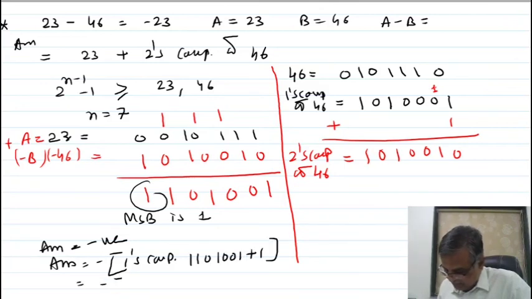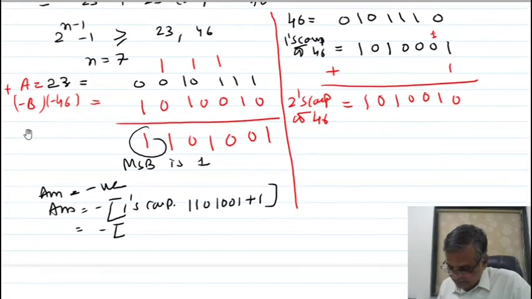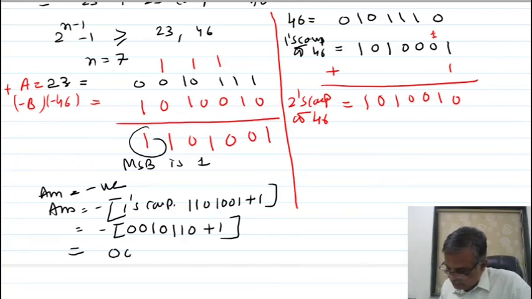So I'll get minus 0, 0, 1, 0, 1, 1, 0 plus 1. So I'll get 0, 0, 1, 0, 1, 1, 1. So it is nothing but minus 23.